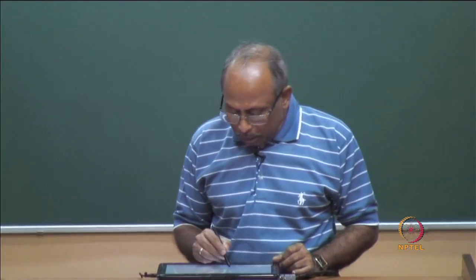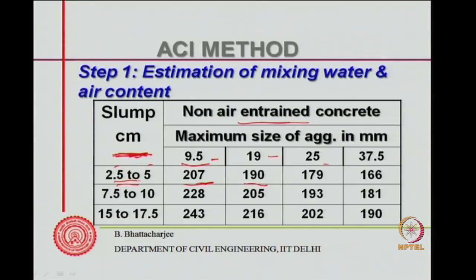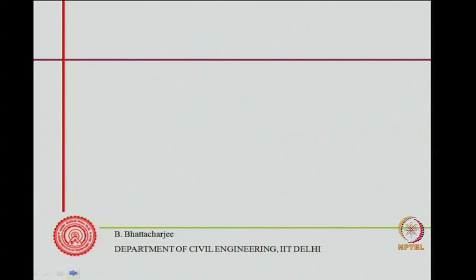So, for non-air entrained concrete, these are the values given for slump from 2.5 to 5 centimeter, that is 25 mm to 50 mm, and as your aggregate size increases, you can see that water content reduces, and as your slump increases, water content increases again. So the principle is the same, after all it is the same kind of concrete only, and water content is what you can find out in the beginning.